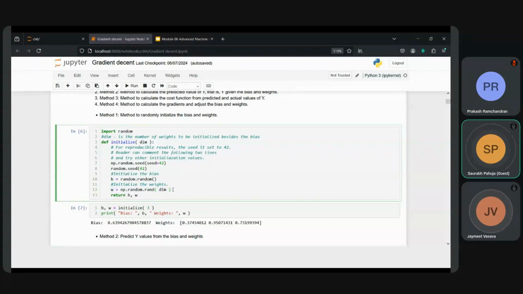How did we get the seed value of 42? Here the seed value is given by us. There is something called a random state also. 42 is conventionally used across the community; it's just the go-to number for the seed value.